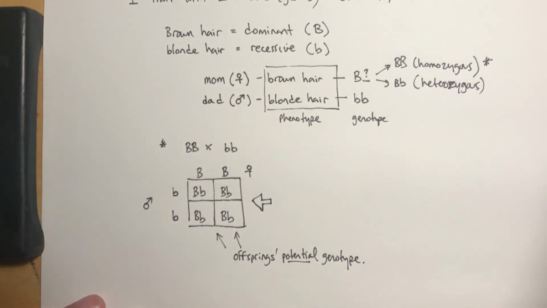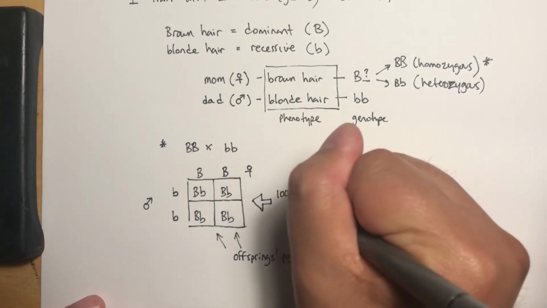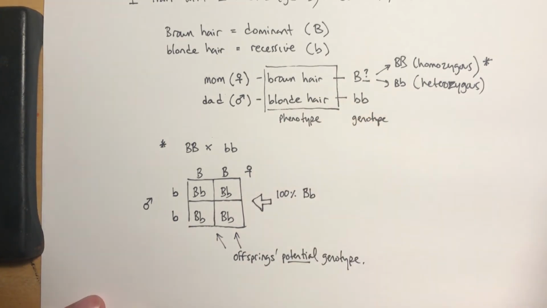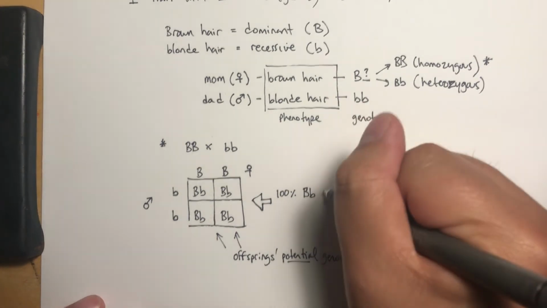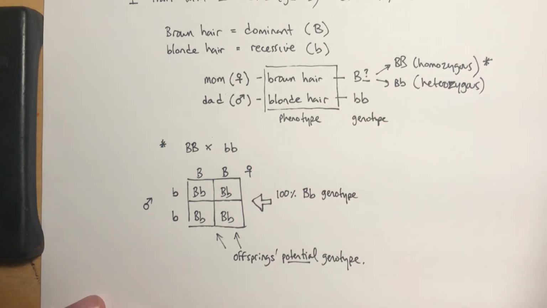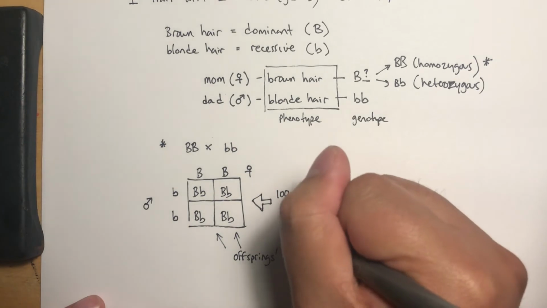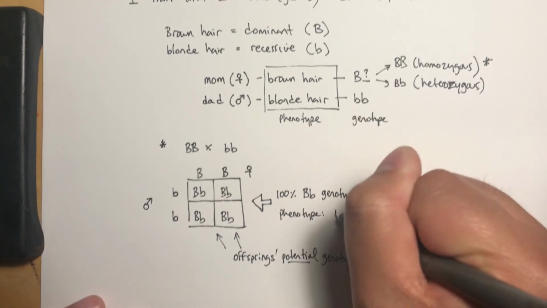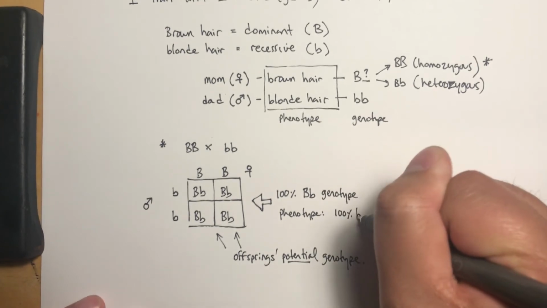All of them are 100% big B, small b, which means their phenotype is brown. So 100% brown.